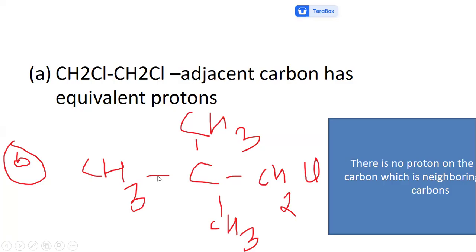But another example, 1-chloro-2,2-dimethylpropane. There is no proton on the neighboring carbons.